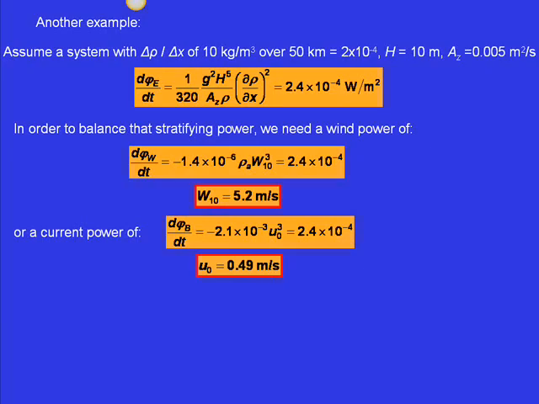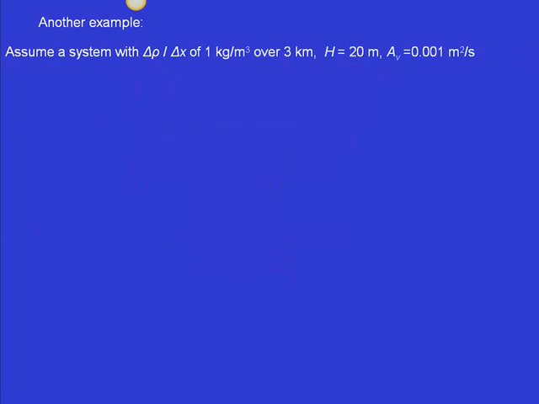That is about a knot. So 0.5 meter per second. Again, we don't need very strong forcing to overcome that horizontal density gradient over 10 meters of water to keep stratification conditions the same.